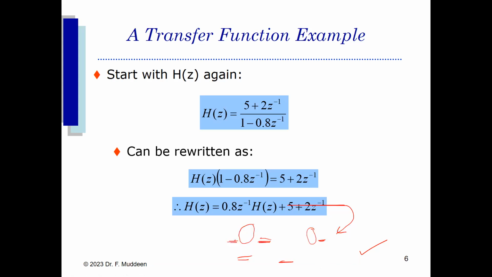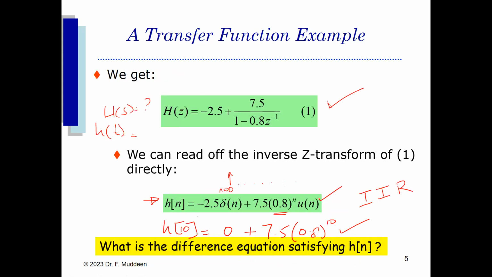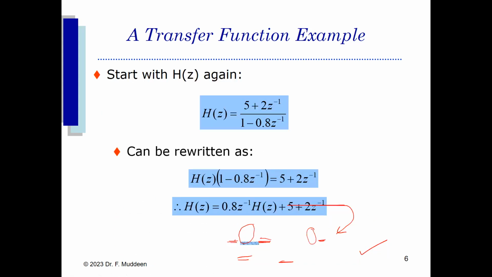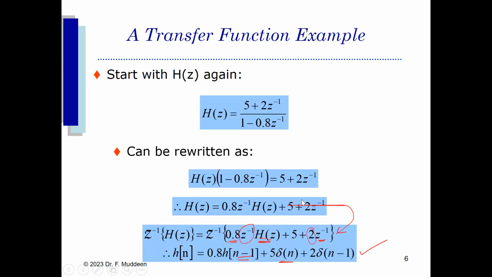So those two equations, this one and this one here at the bottom, are the same thing, just expressing it in terms of slightly different variables. This one is a difference equation, the other one is a closed form solution.